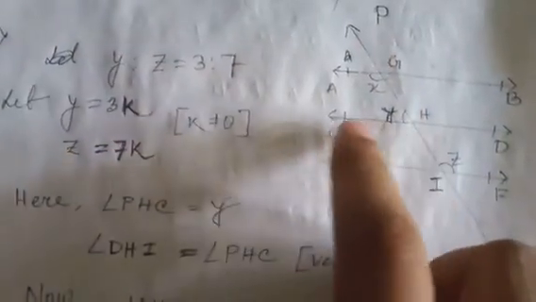Here angle PHC equals y, and DHI is also equal to PHC. These two angles are vertically opposite angles. PHC equals DHI, vertically opposite angles. Therefore DHI is also y.